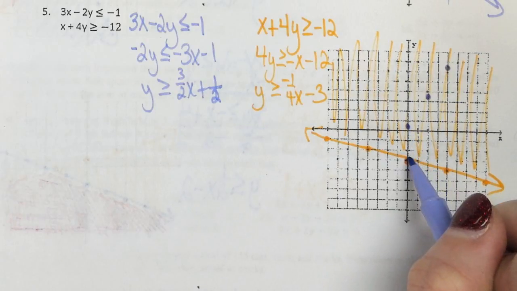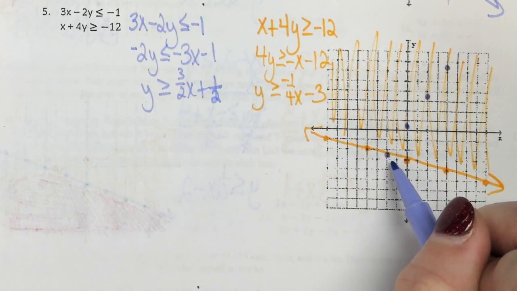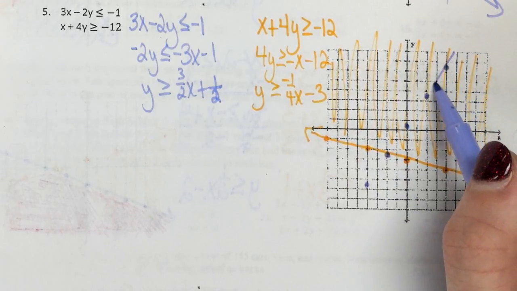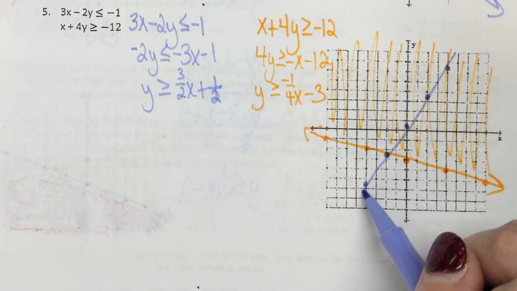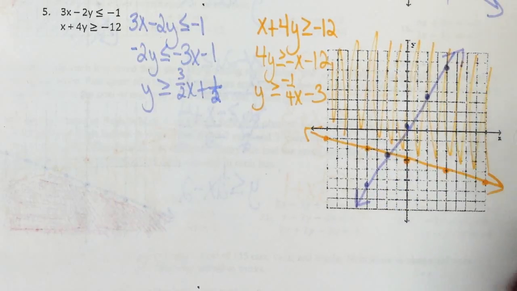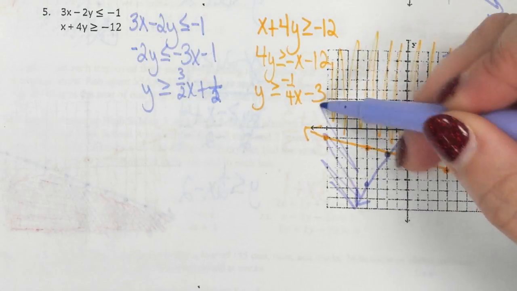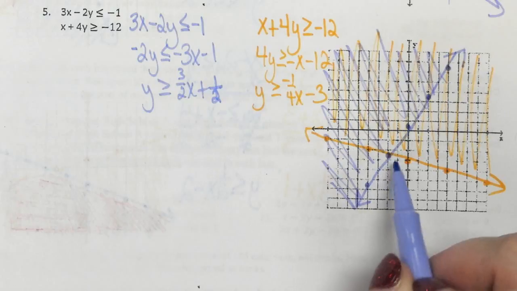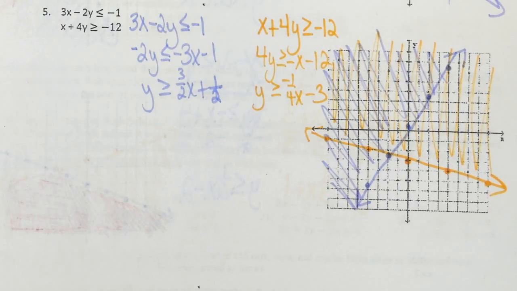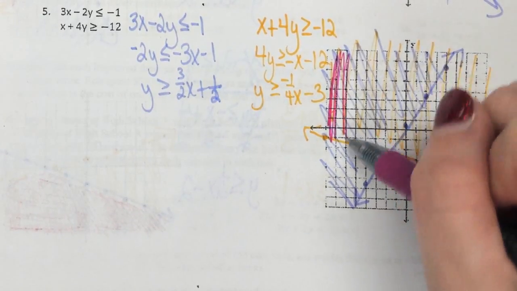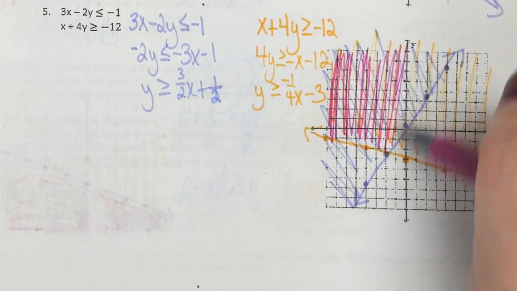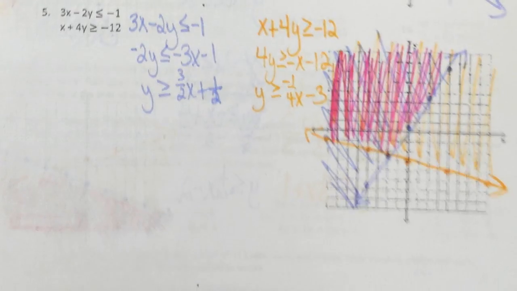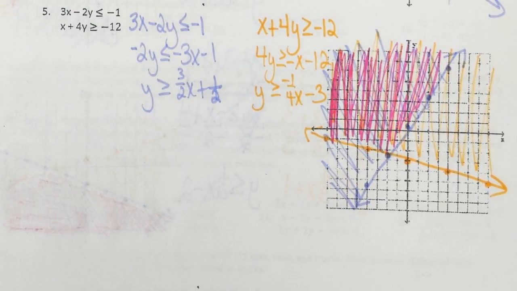You've got to be in the middle. And that one shades above. Okay, when you have an inequality, you're not worried about where they cross, where the lines cross. What are you worried about? Where the shading crosses, which is this little thingamabobber right here. Y'all okay? Anybody have an issue?